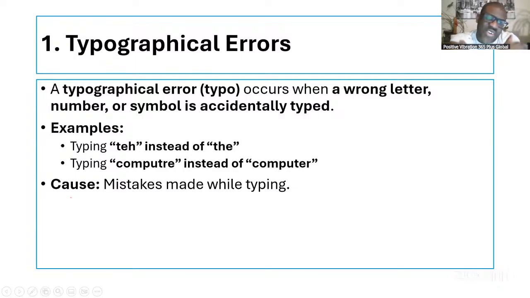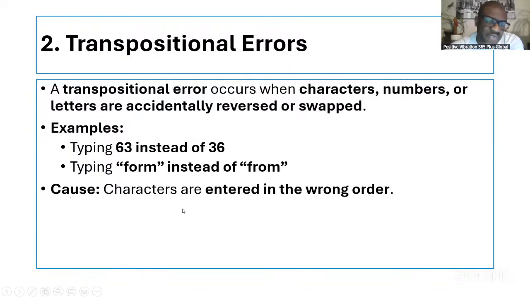As a matter of fact, the computer by default normally corrects you, especially if you're using a Word document. But it's what we call a typographical error. Or if you're typing computer, instead you type computre. This is a mistake that is caused by typing, and we call that typographical.